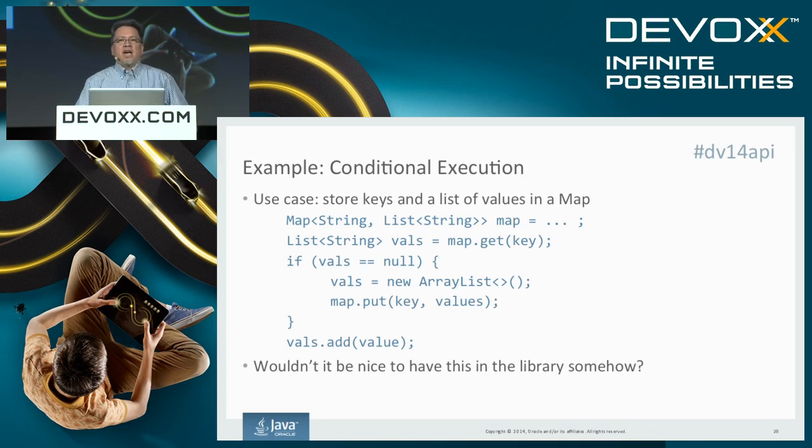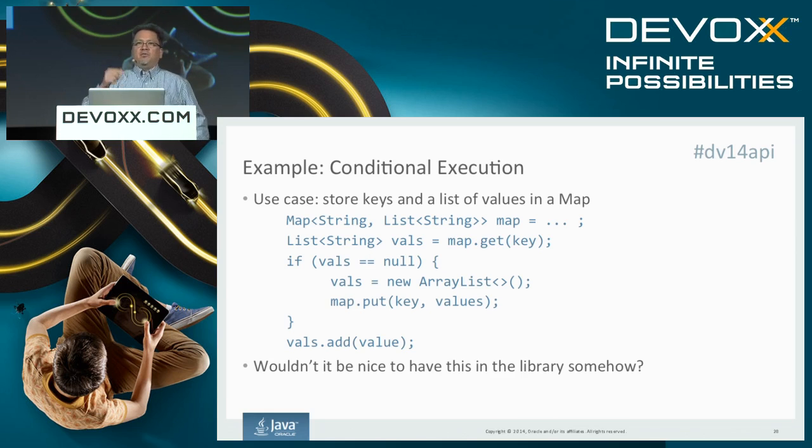So the typical way to do that is to have a value not be the value itself, but a list of values. So when you do this, there's a special case that happens the first time you add a key, which is you have to create the list first and then add to it. But if the list is already there, you just go in and add to it. And that's what this does.